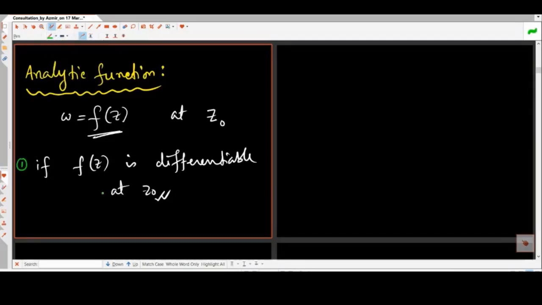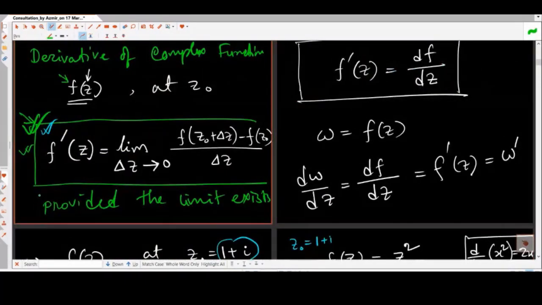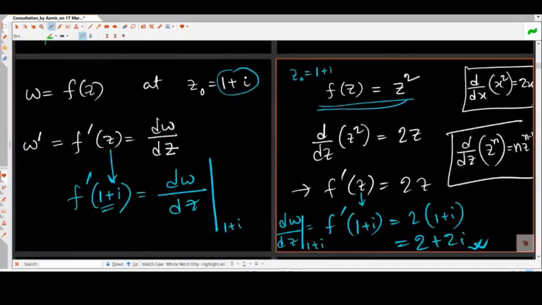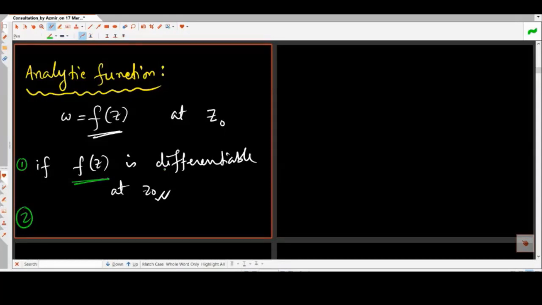That means we can apply this definition, f prime of z equals this one. But besides this condition, this function should be differentiable in the neighborhood of z0 also. A function w equals f of z will be analytic at z0 if that function is differentiable at z0.